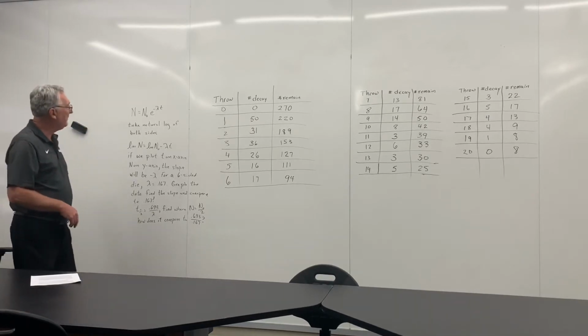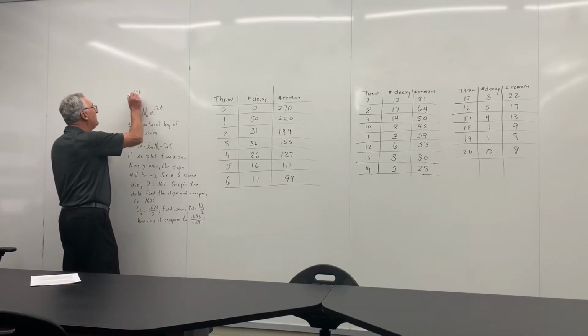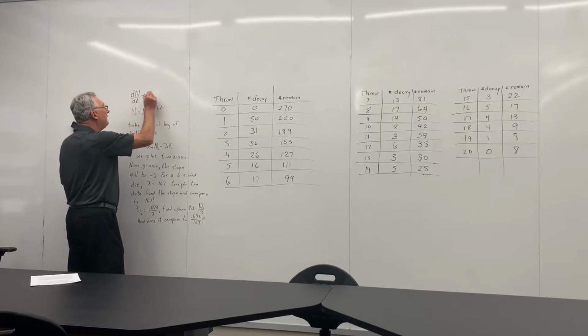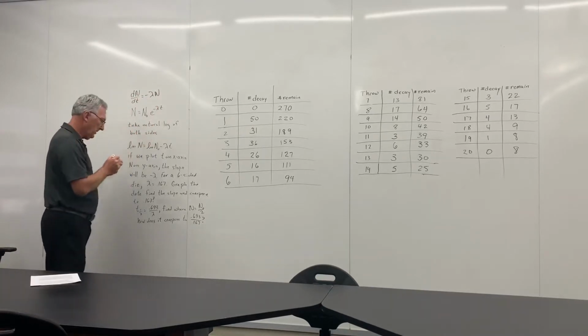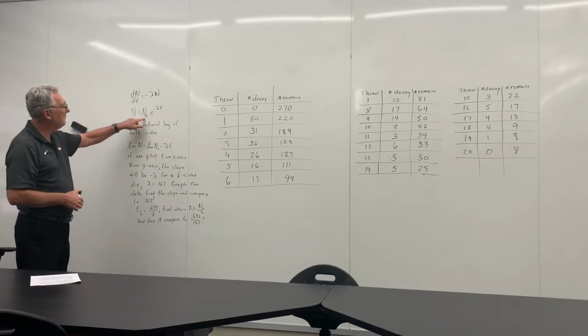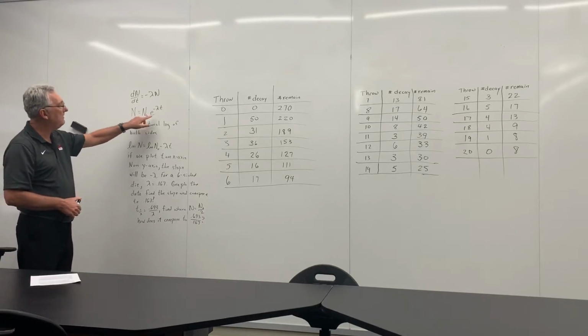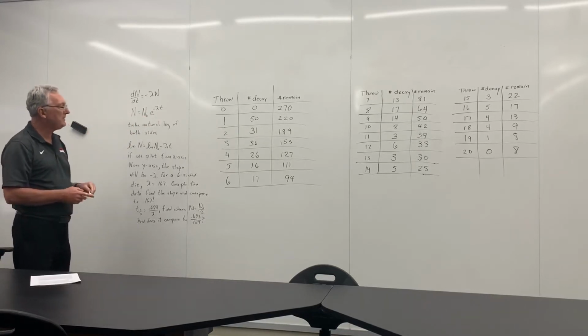Basically, you start off with dN/dt equals minus lambda times N. And that results in an equation that says N is equal to some initial number N naught that you started with at time t equals 0, times e to the minus lambda t.